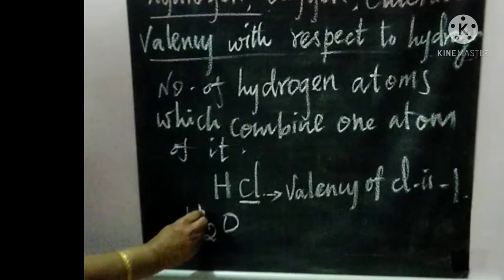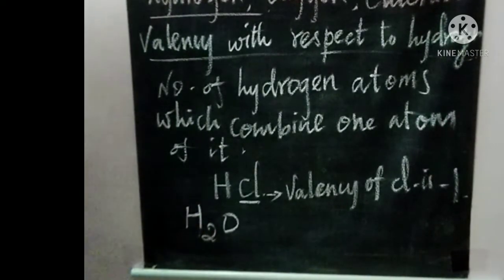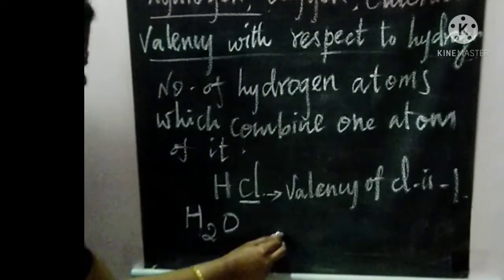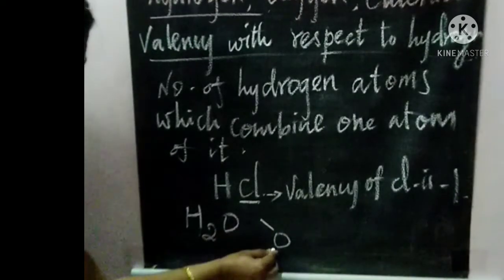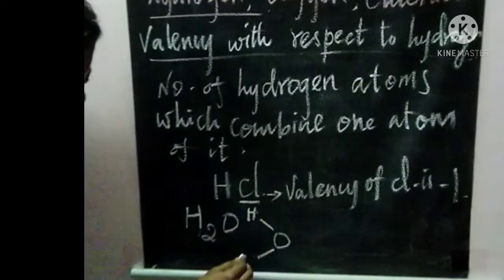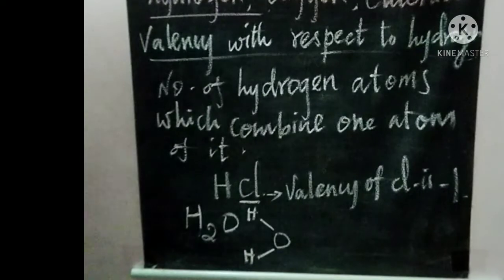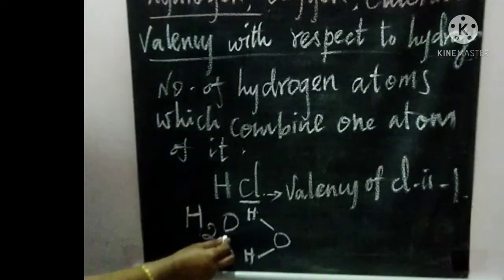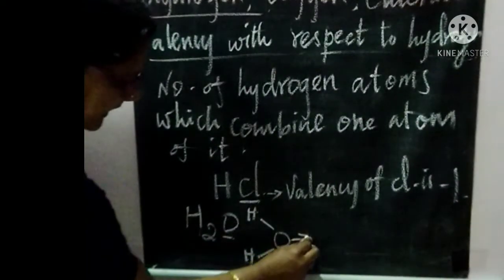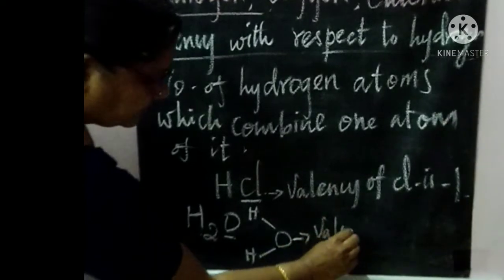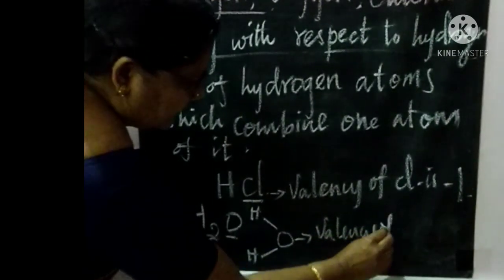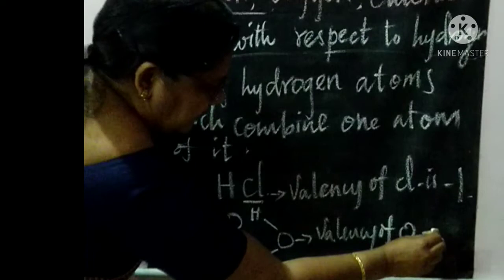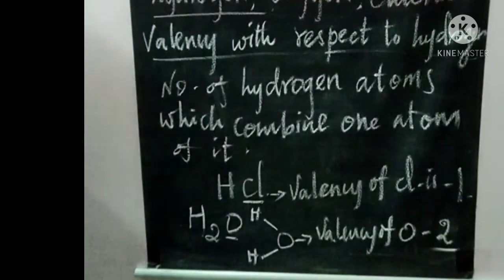So how many hydrogen atoms here combine with oxygen? Yes, 2. Oxygen can combine with 2 hydrogen atoms. So what is the valency of oxygen? The valency of oxygen here is 2.